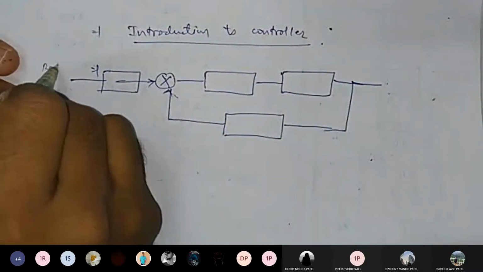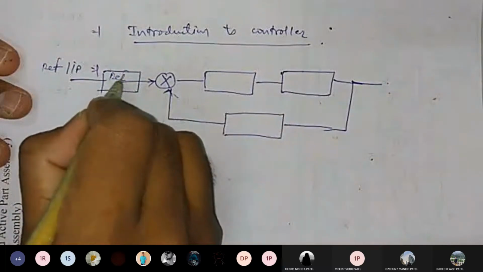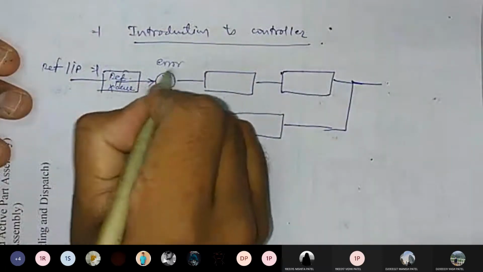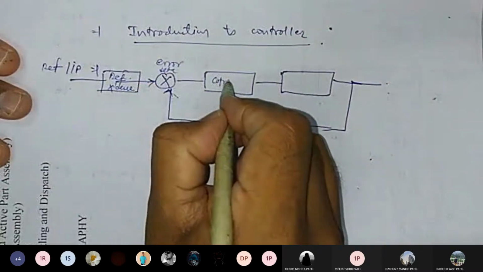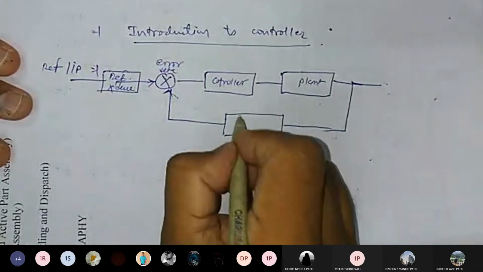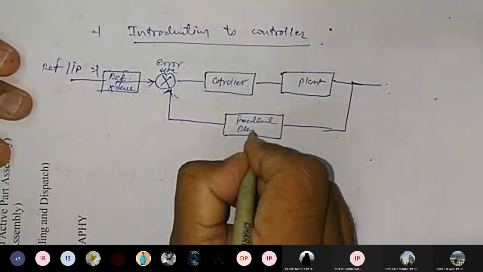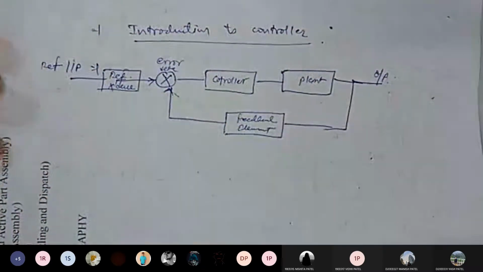Reference input, reference transducer, error detector, here it is your controller, plant and your feedback element, and here we are getting the output or the actual output.